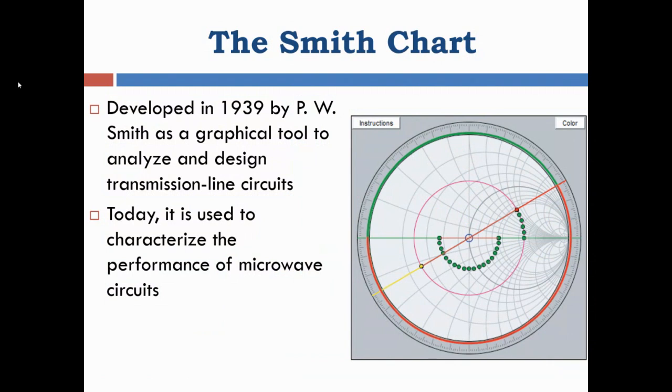We can also determine the admittance if you have the impedance. We can solve for any input impedance of any of these transmission lines. We can solve for the locations of the max and min. There are many different things that you can do on the Smith chart.